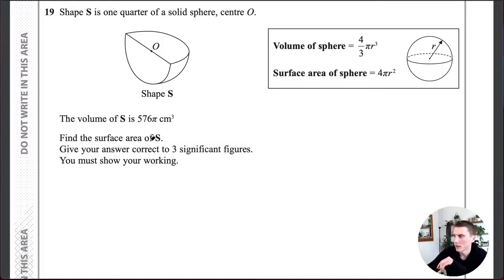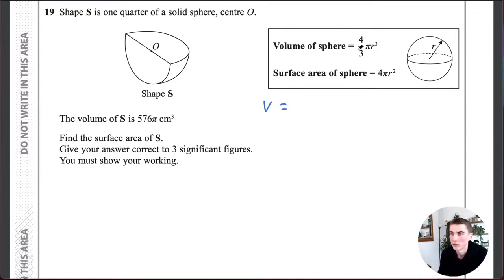Now, the thing to think about whenever you're given circles and spheres is you need the radius. If we know the radius, then we can easily work out surface area. So if we give that a go, we know that the volume of a sphere is this. So volume equals, but this is the volume of an entire sphere.